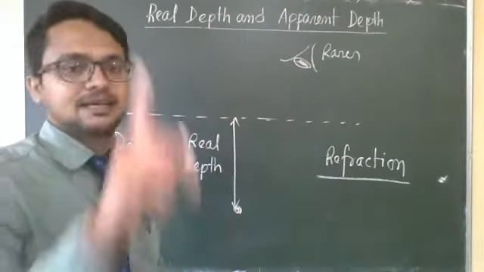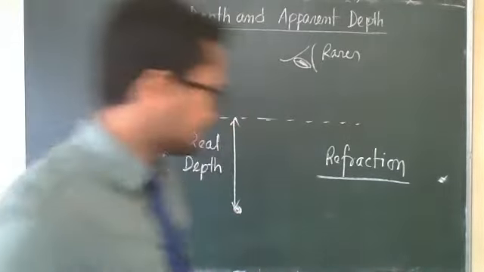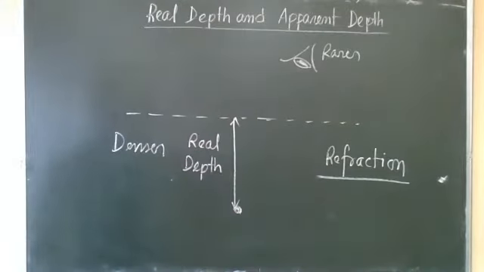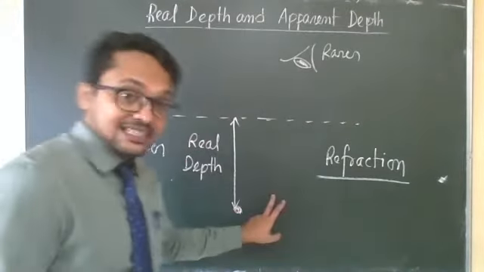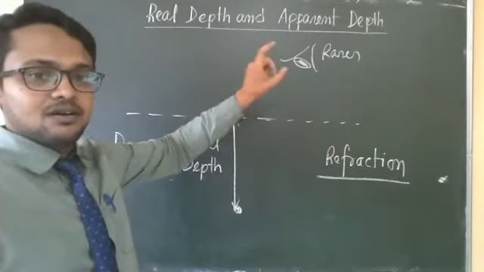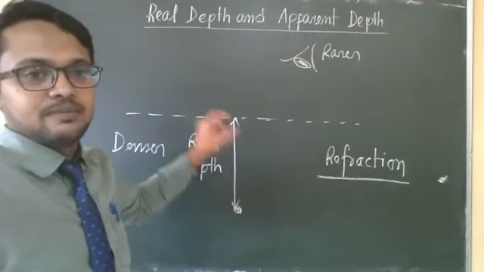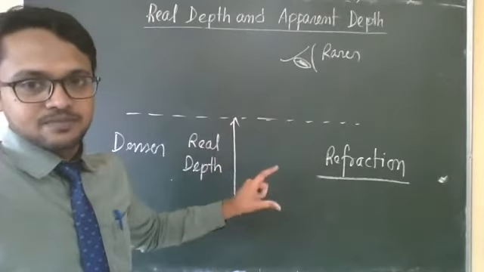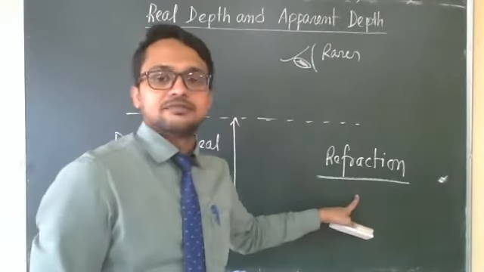I will tell that one also. So if the object is placed in the denser medium and we are seeing it from the rarer medium, then only the depth of the object will be smaller. This happens due to refraction.